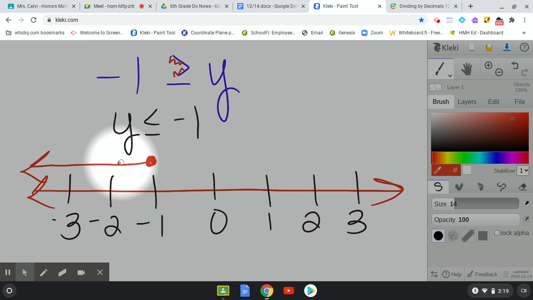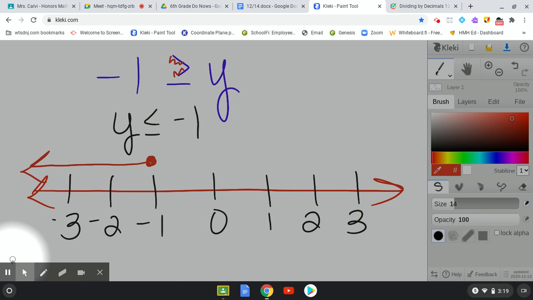So it's telling me this line represents all of my y values. Are all of these y values less than or equal to -1? Yes, these are less than -1, and because I have a closed circle, I'm including the -1, which means equal to. All right, so it's not so bad.